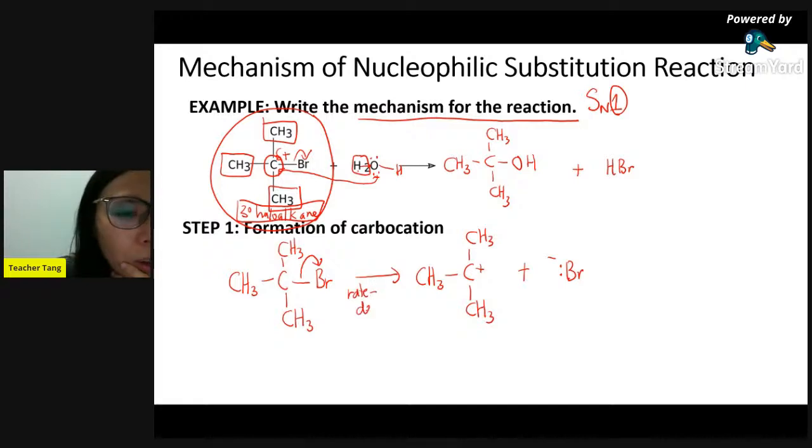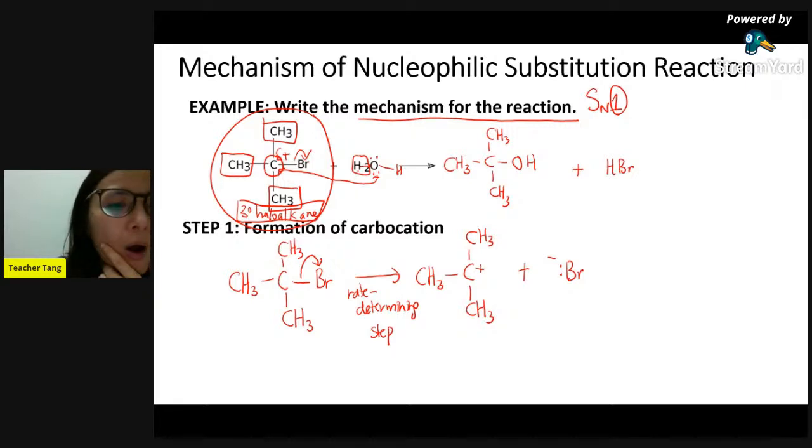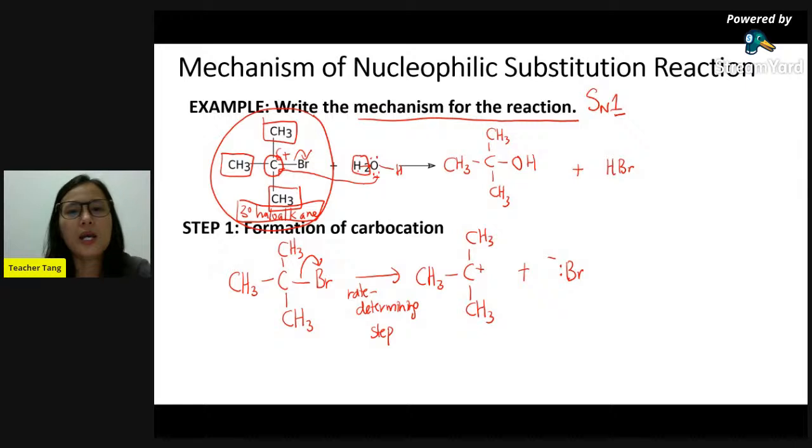Just now I told you already, the rate determining step is the slowest step in the reaction, and it only involves one species, that is the haloalkane. That's why it is SN1. After step number 1, we get the carbocation.